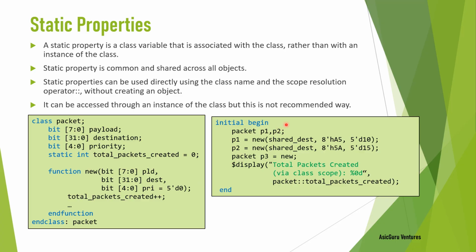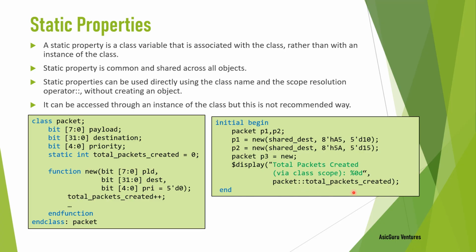In the initial block, we have three packet objects, P1, P2, and P3. And finally, we are printing the total number of packets created using the syntax: class name packet, scope resolution operator, and static variable name.